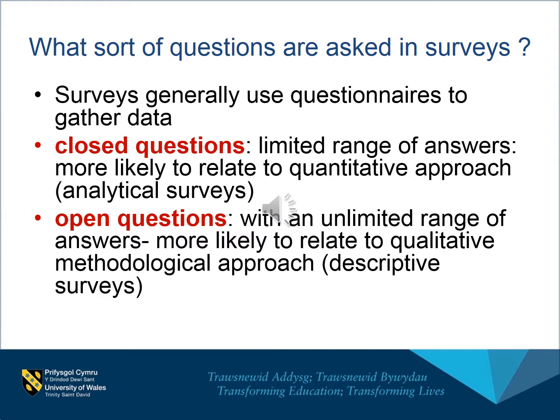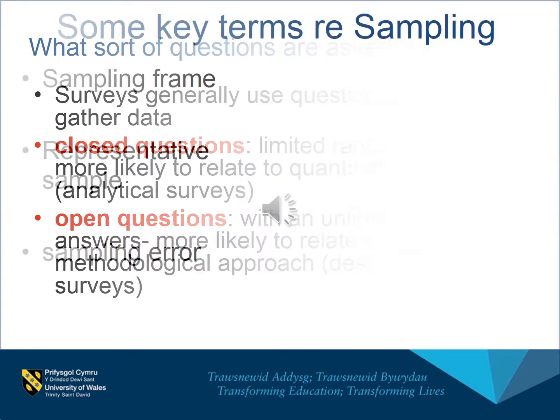And it's not uncommon to find both in a questionnaire. However, if you are aiming to generate quantitative data, then your questions are more likely to be closed because it's very hard to quantify open questions. However, they have their place and they may be very important in the context of a survey.